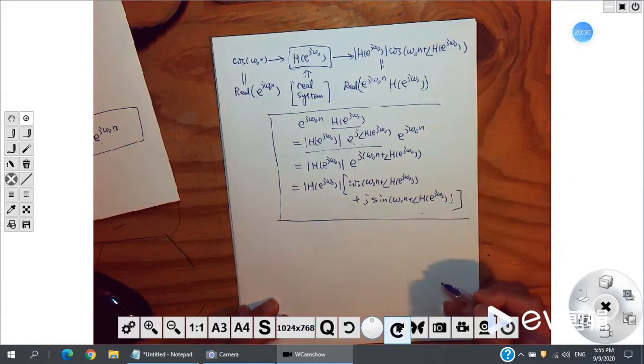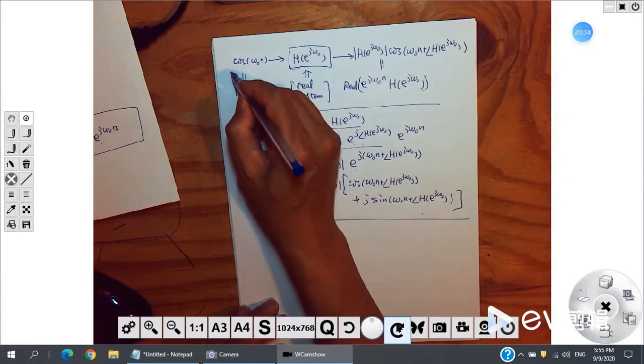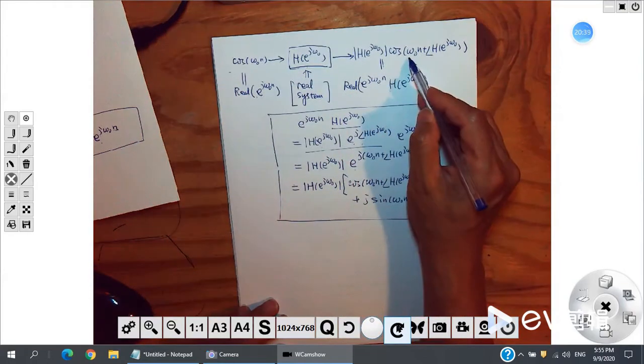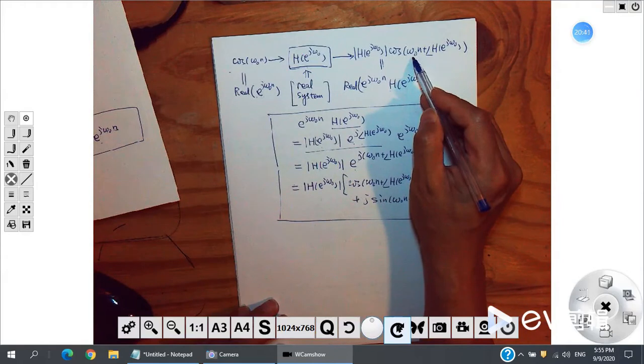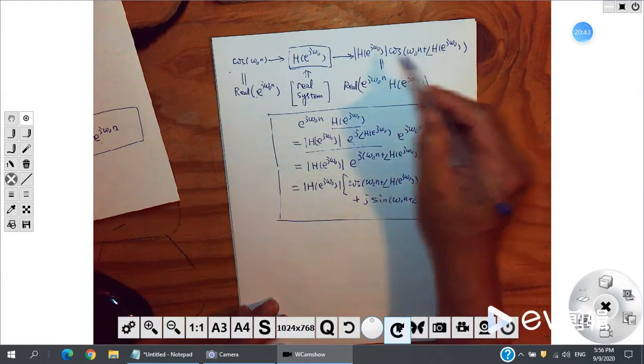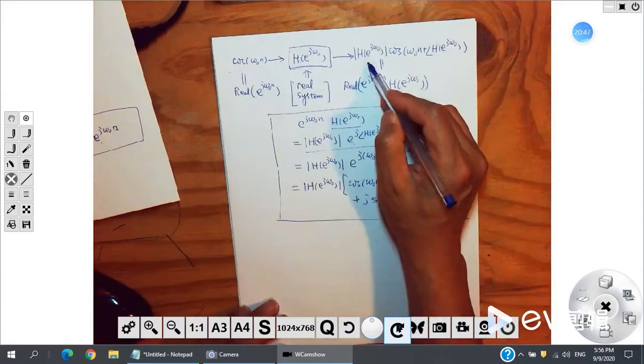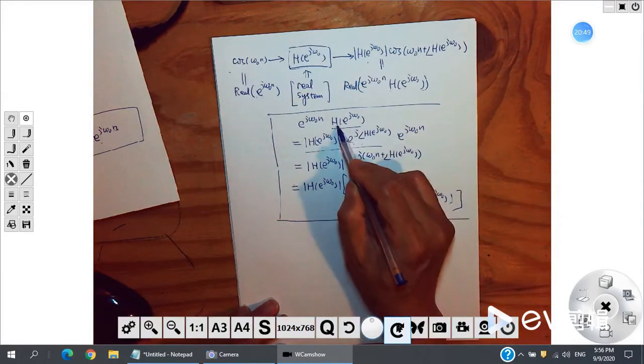Now we have this one. So if cosine is the input, then the output is also cosine with the same frequency omega 0. But you have different phase and different amplitude. Both phase and amplitude come from the frequency response.